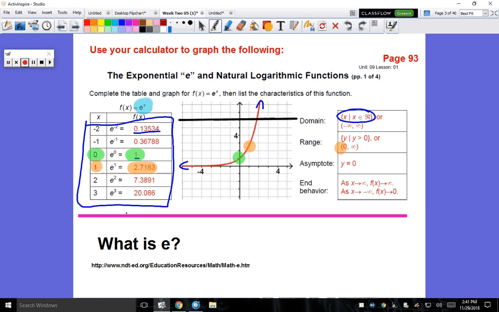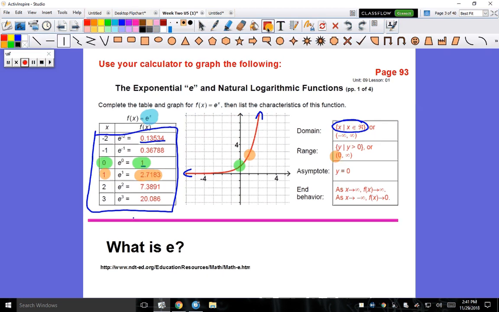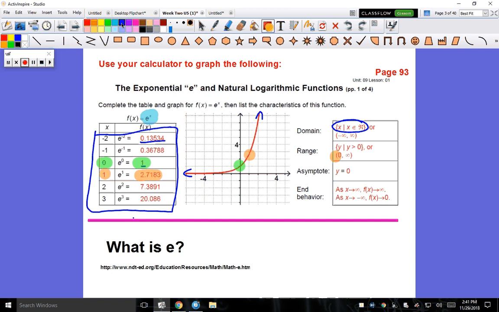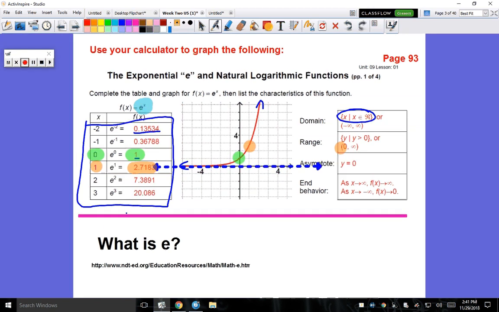It's not visibly shown there, but this says that the asymptote is at y is equal to 0. Now we've done asymptotes as dashed lines, and I'm going to do this as a dashed blue line right here. This is that y is equal to 0. Okay, remember that's a line that the graph will approach but never hit.